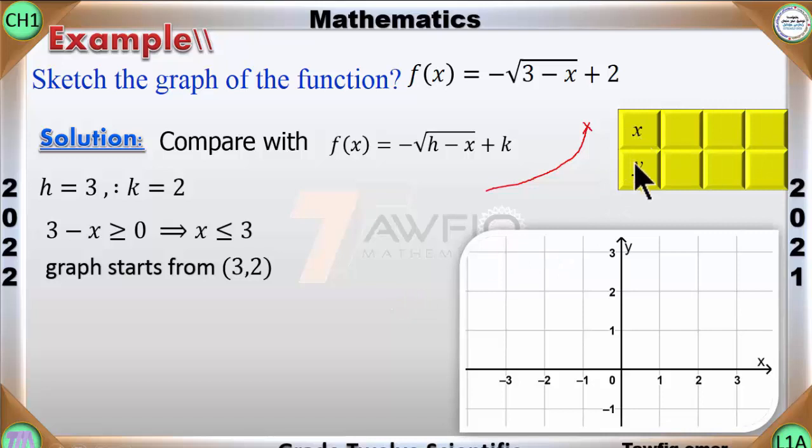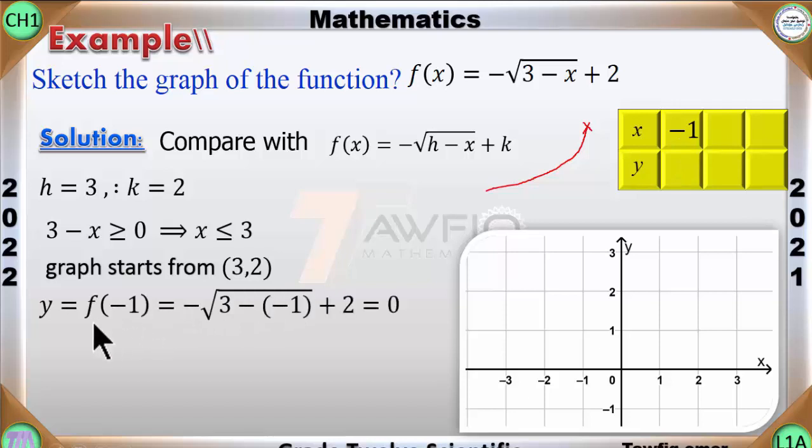We take x equal to -1 and find y. y equals f of -1 equals minus the square root of 3 minus -1, plus 2. Minus -1 is plus 1. 3 plus 1 is 4. The square root of 4 is 2. Minus 2 plus 2 is 0.